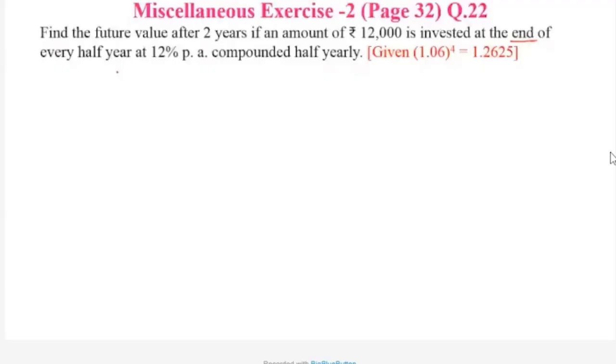12,000 is C. End means immediate annuity, and at the end of every half year, careful, half year is said, at 12% per annum. 12% per annum means 6% for half year, compounded half yearly, given 1.06 raised to 4 is 1.2625.